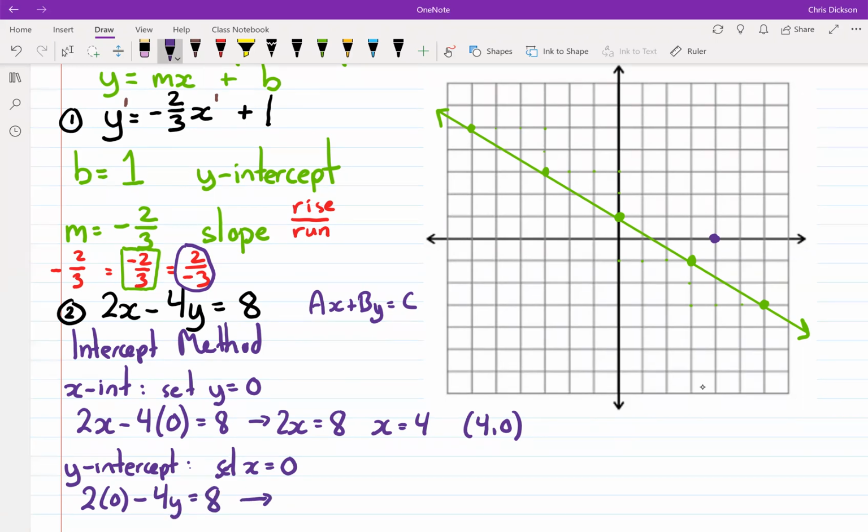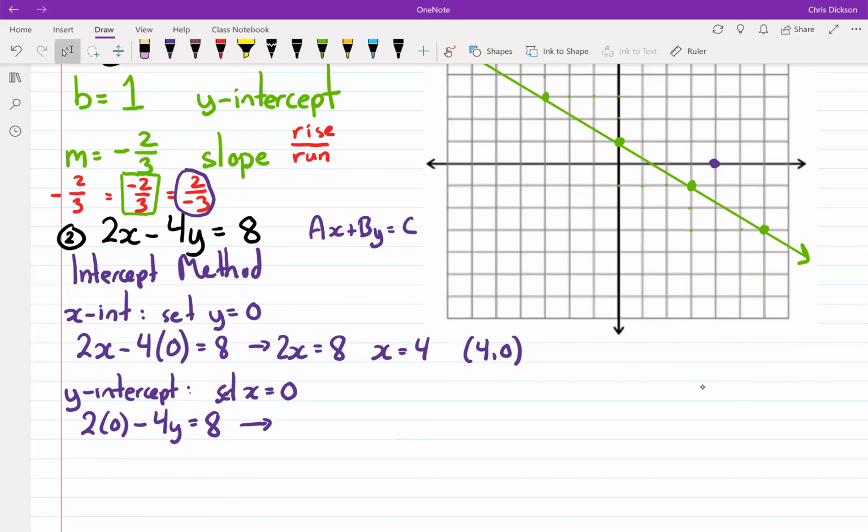Now be a little bit careful here. 2 times 0 is 0, but notice there's a negative in front of that 4, like you're subtracting 4y. So you can't just get rid of it. It's going to be a negative 4y equals 8. And now I divide both sides by -4. And I get y is equal to -2, which means there should be a y-intercept at 0, -2.